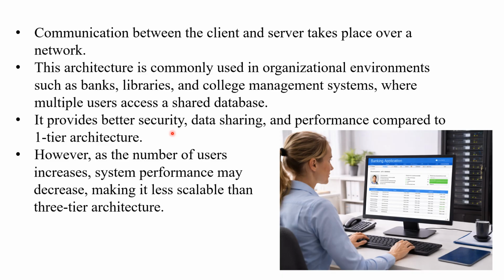But in two-tier architecture, the presentation layer and database reside in two different systems. If anything happens to one system, the other system will be safe. If anything happens to the user application, then the database will be safe. If anything happens to the database, then the client system and user interface are safe.